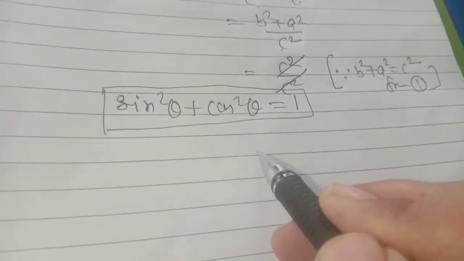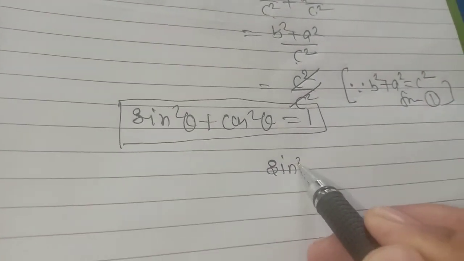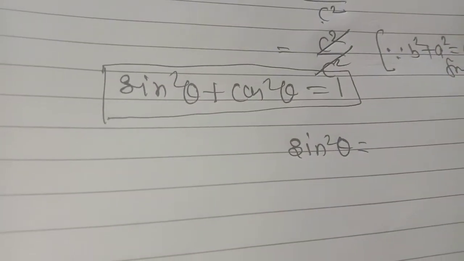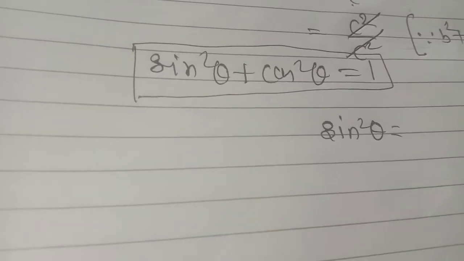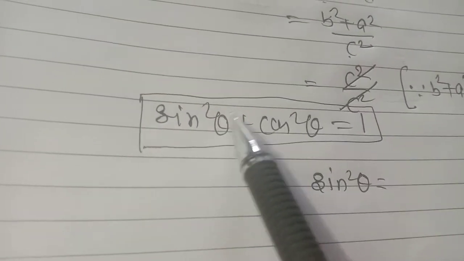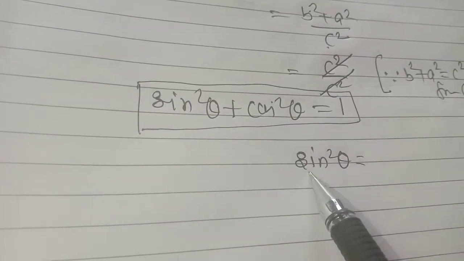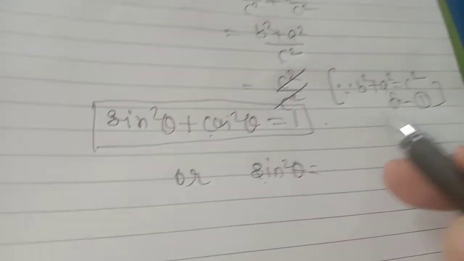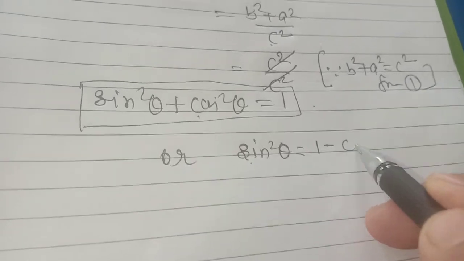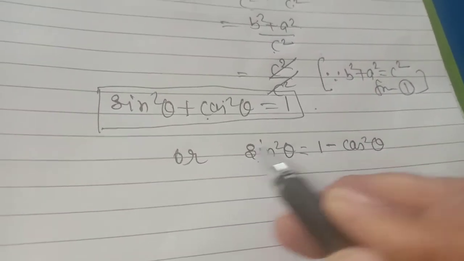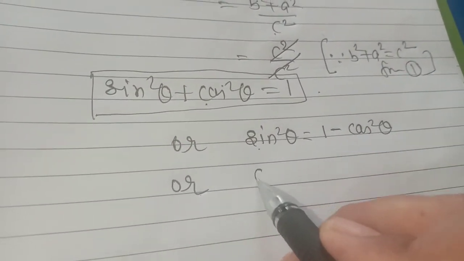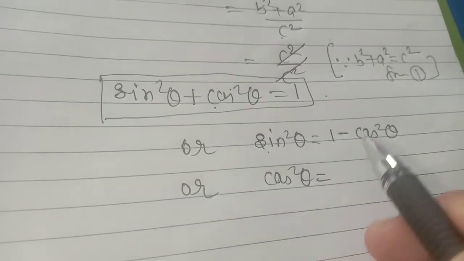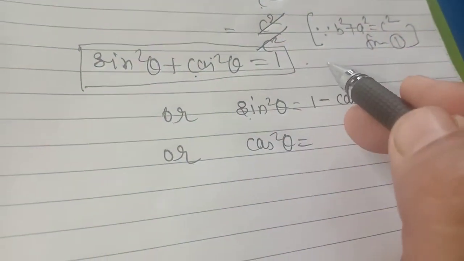Now we can get two more formulas from here. That is, if I am writing what is the value of sin square theta. Dear students, I am talking about sin square theta, not sin theta. Okay, it should be square here. So if I am writing sin square theta, I will transfer cos square theta towards right side. So I can write the value of sin square theta is also 1 minus cos square theta. Or if I am writing cos square theta, then I will transfer sin square theta towards the right hand side.